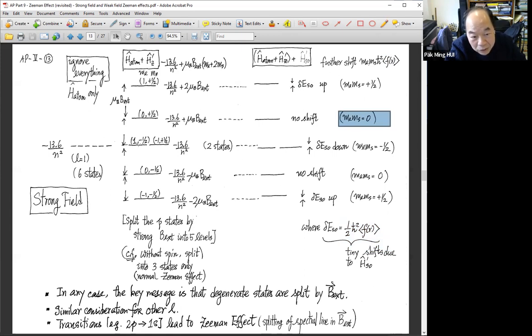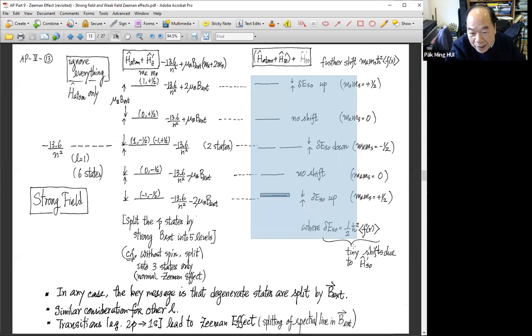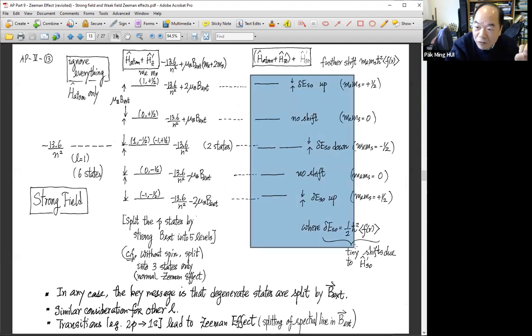The 2 states here, degenerate, will move together, so they remain degenerate. And this has no shift, and this is shifted the other way. So this is the effect of including both the strong field Zeeman and the weaker shift due to spin orbit.